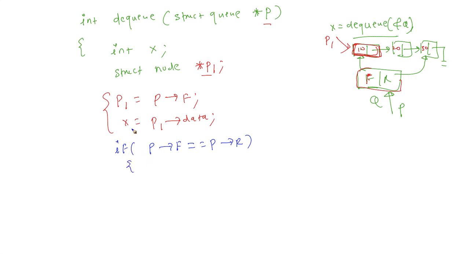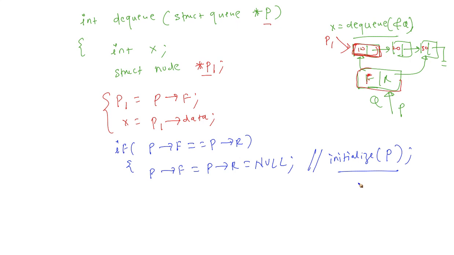In that case, I should set F and R to null. P arrow F equal to P arrow R equal to null. Or I could have also called the initialize function by passing P. P is holding the address of the queue which we want to initialize. I'll call this function, this will do the same thing.